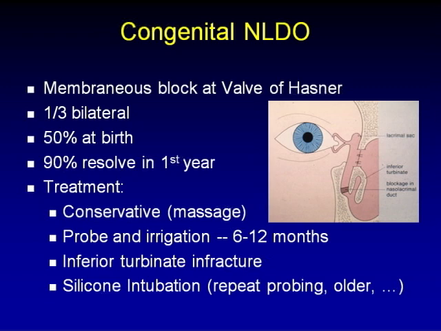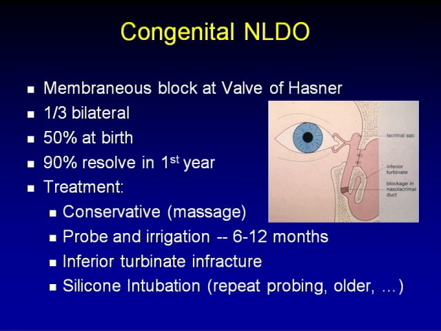At the time of probing, if the inferior turbinate is large or is sitting up against the drainage point, the valve of Hasner, then some physicians will choose to infracture, which just means you put in a Freer elevator or some kind of instrument and you just bend or fracture the turbinate. It's not like thick bone where you have to take a hammer and chisel to fracture it.